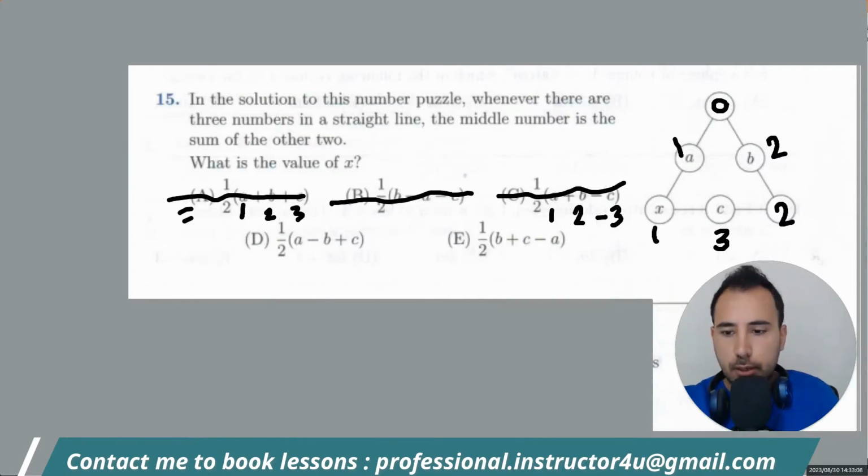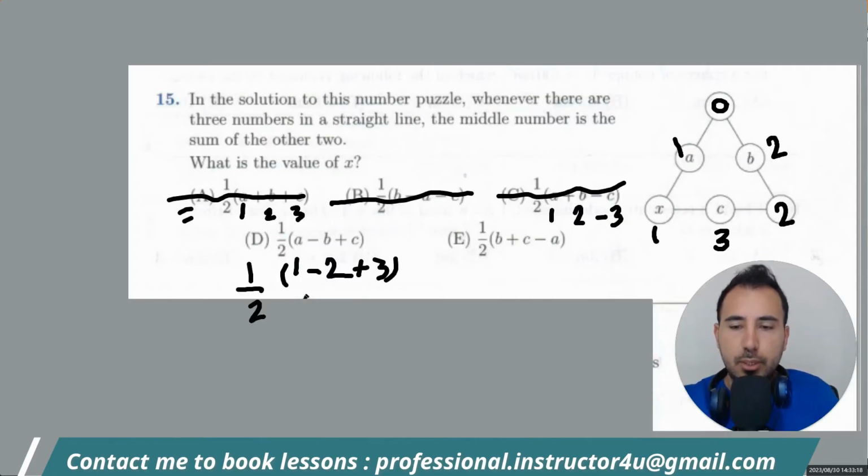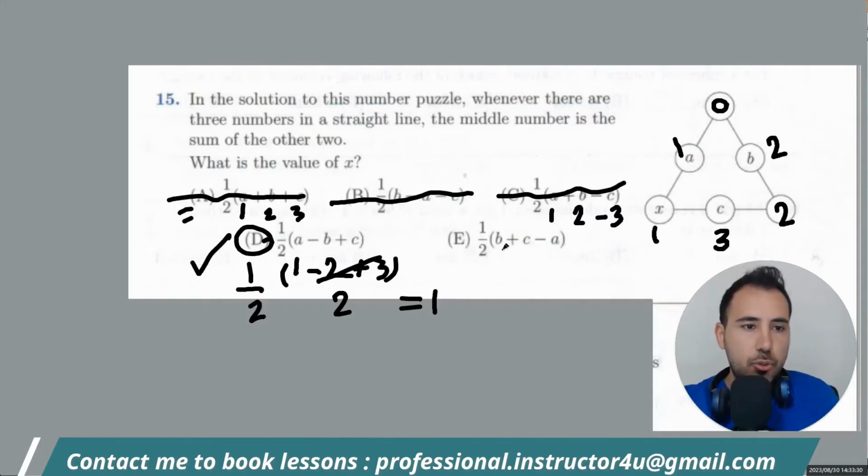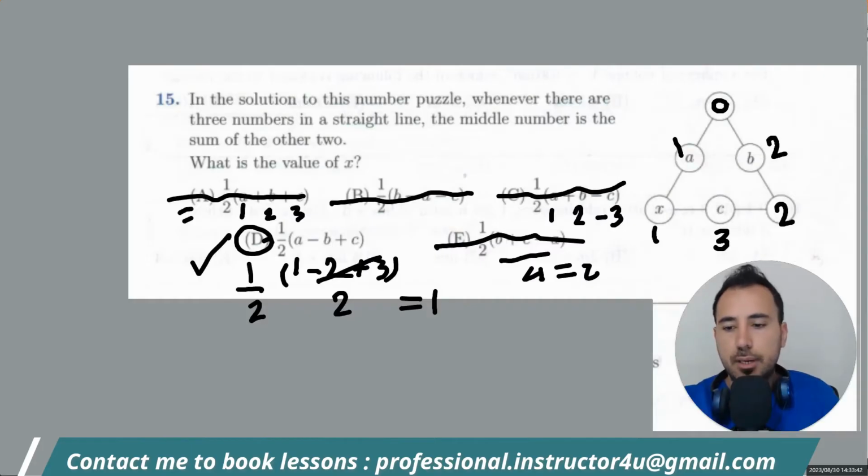So A was 1, minus B is 2, plus 3, all of this multiplied by 1 over 2. As you see here, this would be positive 2 multiplied by 1 over 2 is 1. So D is 1. But let's just check E. B plus C will be 5, minus 1 will be 4. 4 multiplied by 1 over 2 is 2. So this one is again not the right answer.